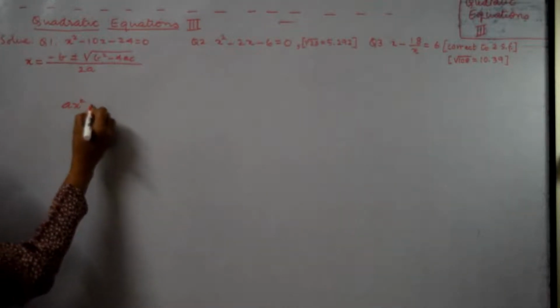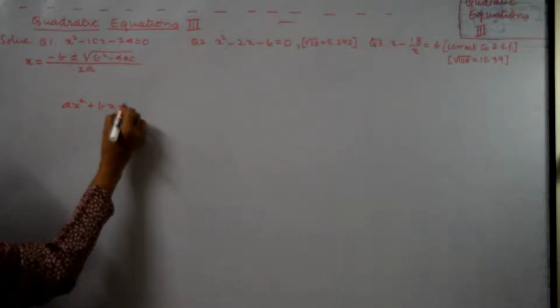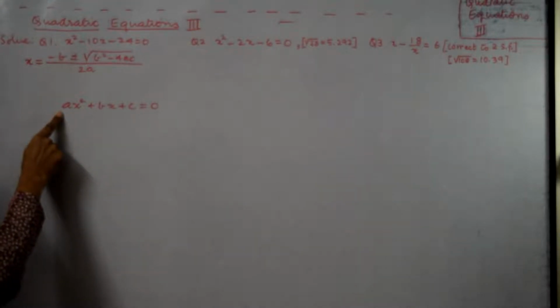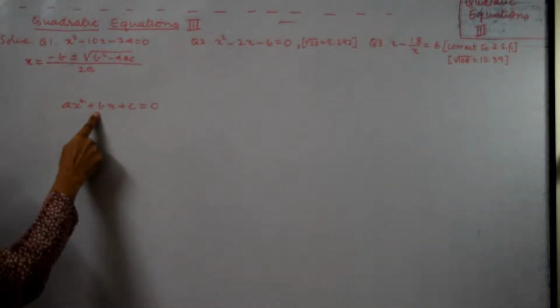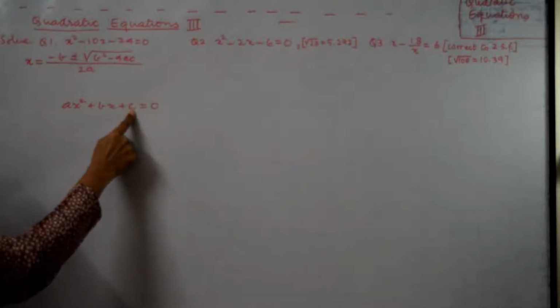Now we've already learned that a typical quadratic equation will be represented as ax squared plus bx plus c equal to 0. And so, the coefficient of x squared becomes a, the coefficient of x becomes b, and the constant becomes c.